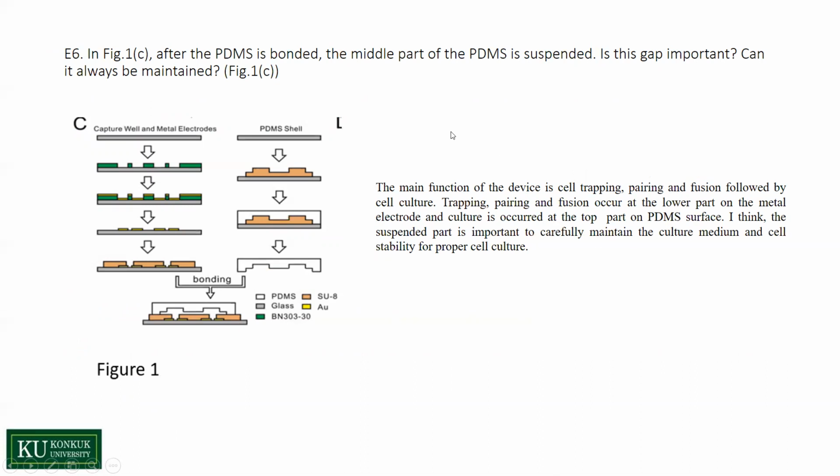So I have told many times the function of this device is simply trapping, pairing, and fusion before the cell culture. So in the lower portion, trapping, pairing, and fusion occur, and after flipping the device, the cells are transferred to the upper portion in the PDMS section for cell culturing.